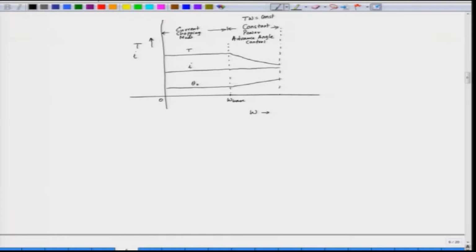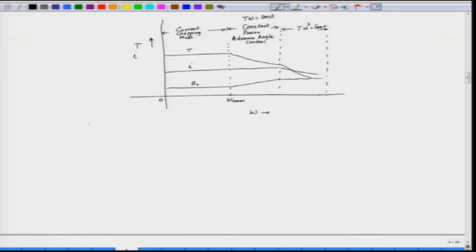After that, the advance angle reaches the maximum possible value, so we keep the advance angle constant here. Beyond this, the current will decrease and the torque will decrease further. So, this region is called T omega square is constant.